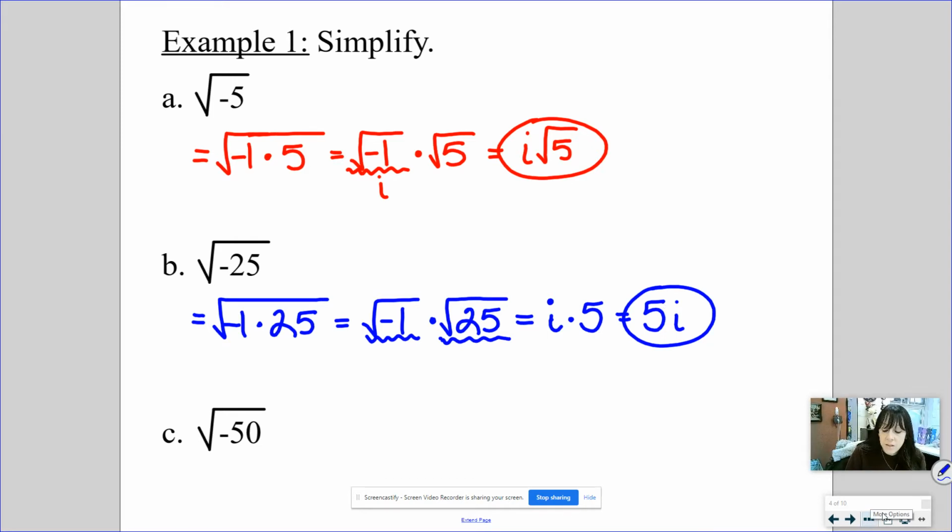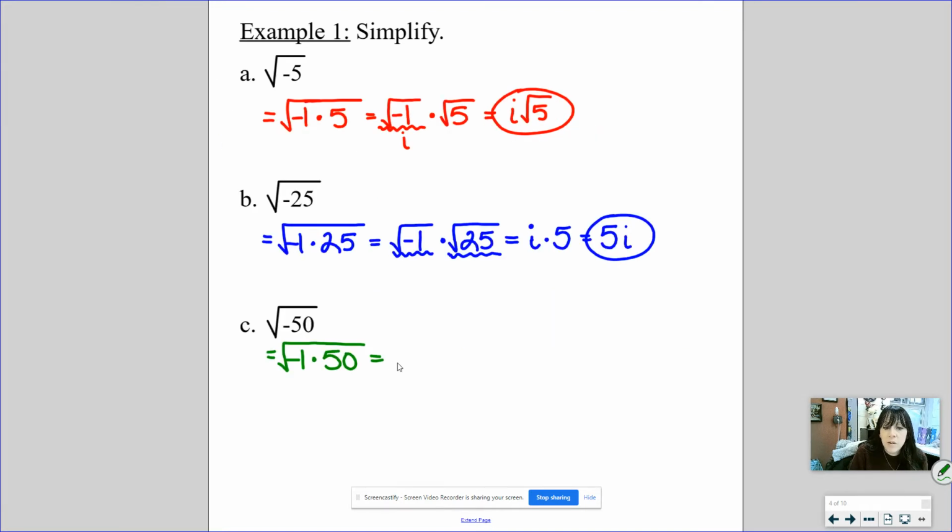Okay, this last question on this slide is the same stuff again. So we're going to start out by separating that negative radical -1 and the 50, because the radical -1 is the imaginary part of this question. And then we're going to put each of those into their own radical, and we're going to simplify. So again, the square root of -1 is i. This time, 50 is possible.